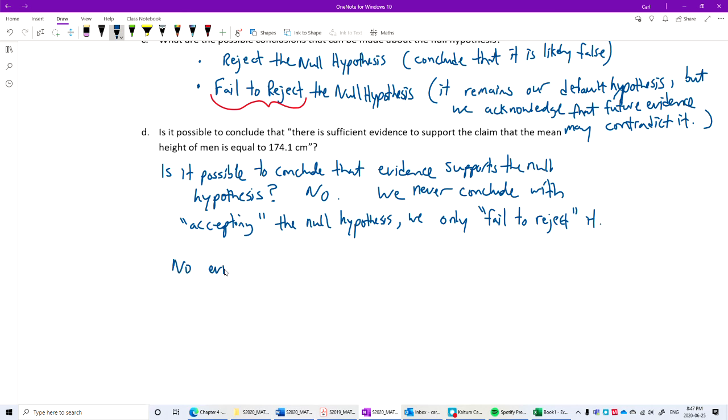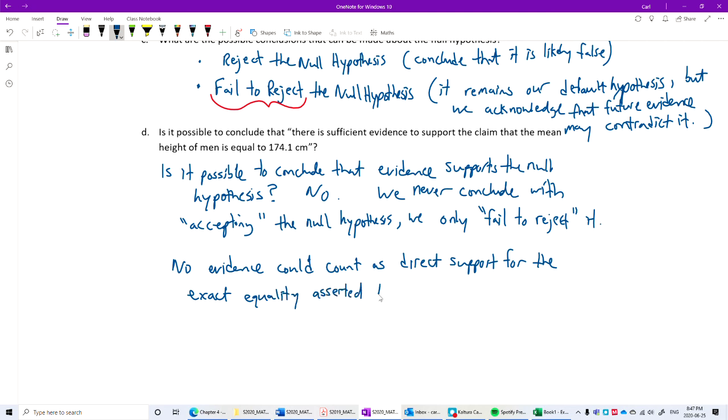No evidence could count as direct support for the exact equality that's asserted by the null hypothesis. In other words, all evidence would be consistent with slightly different values than the one asserted by the null hypothesis.